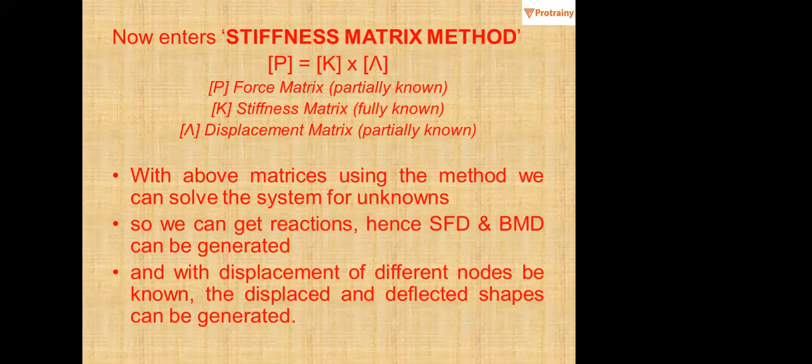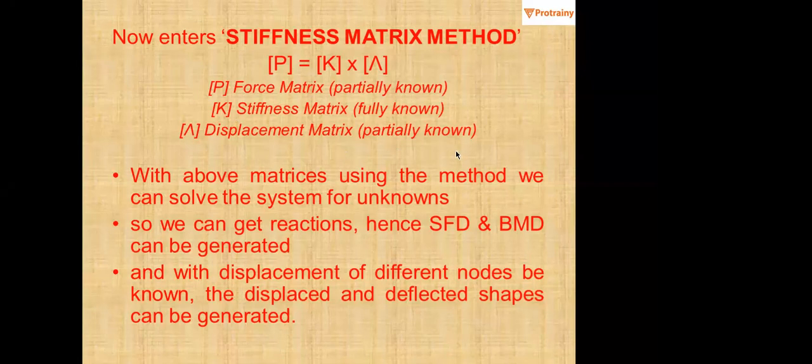What is going to happen if the occupancy load somehow increases? You can't say, after this many people, we are not allowing anybody inside. This is not happening, right? So that is kind of partially known. Then comes the displacement matrix.